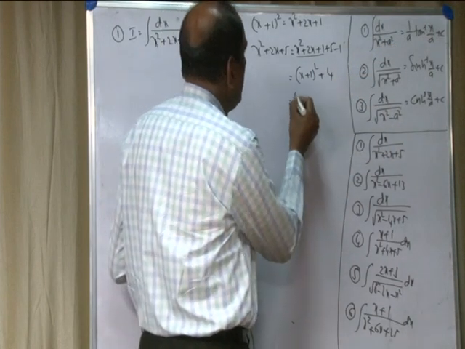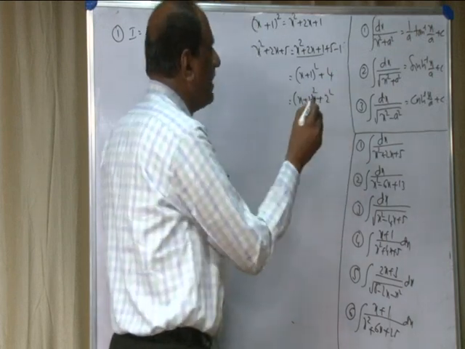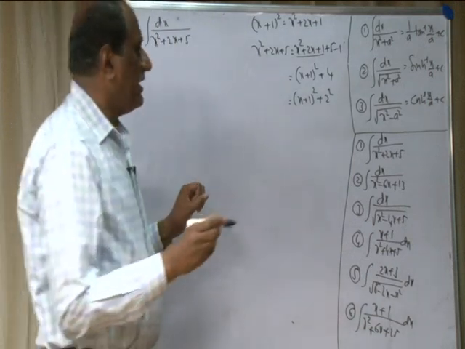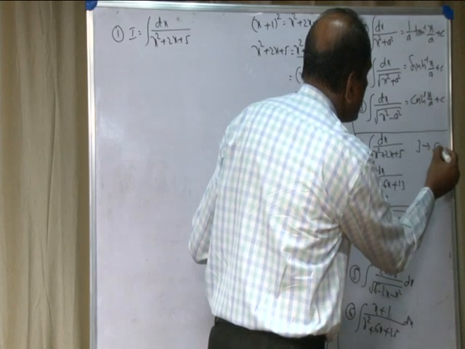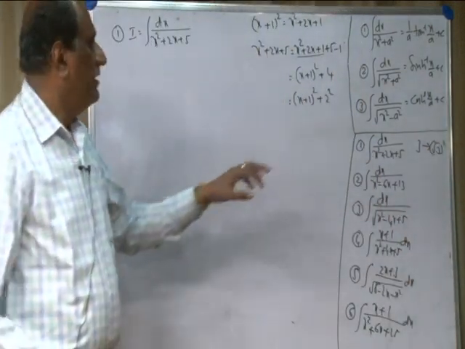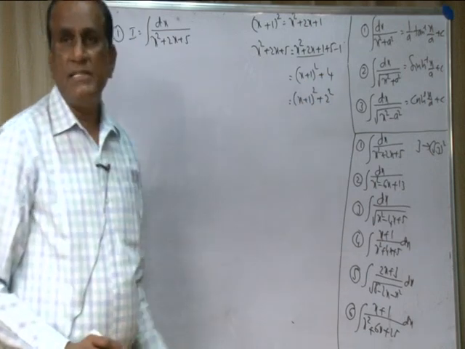Therefore, we can write x plus 1 whole square plus 2 square, 2 square is 4. Suppose if a perfect square term is not there, if 3 is there, that can be written as root 3 whole square. So, root 3 whole square is 3. So, here 4 is a perfect square, therefore, we can write 4 as 2 square.